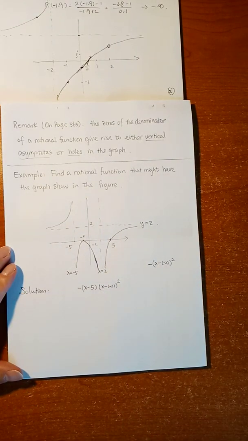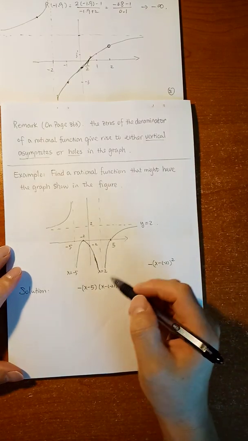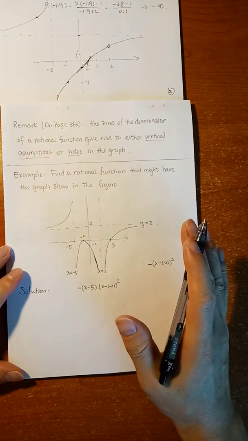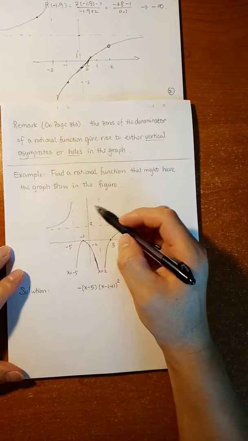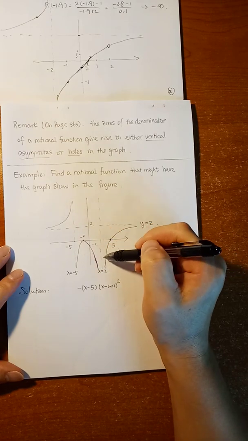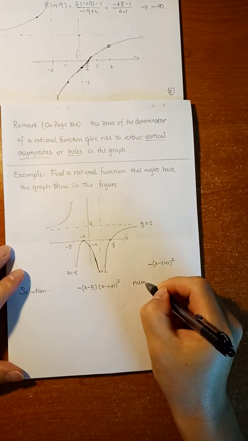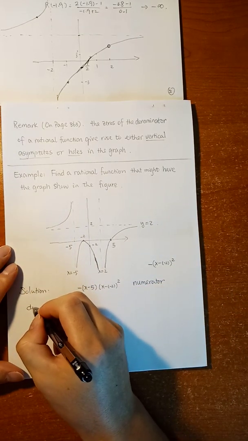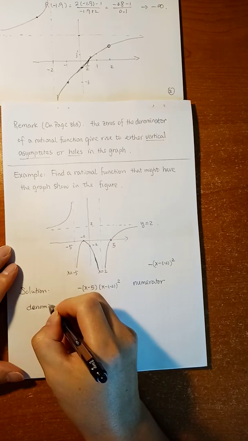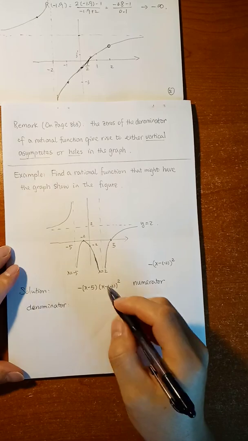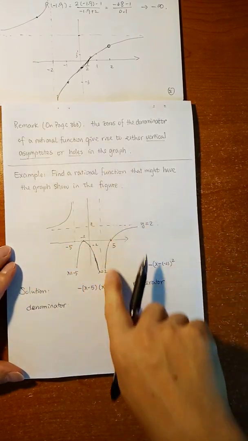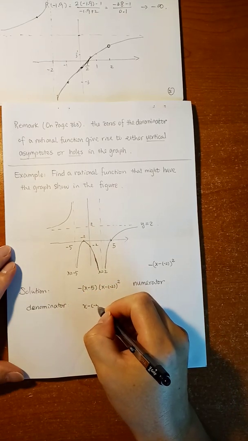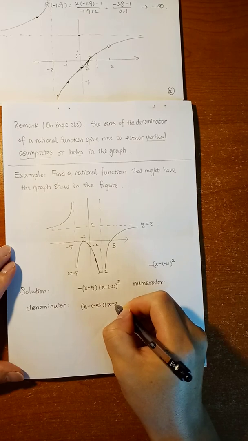And for the denominator, there's no zero here, so you do not cancel terms. The zeros of the denominator give you the vertical asymptotes. For the denominator, you have two vertical asymptotes, so you have x minus -5 and x minus 2.